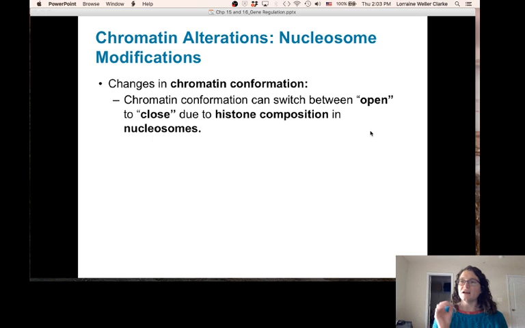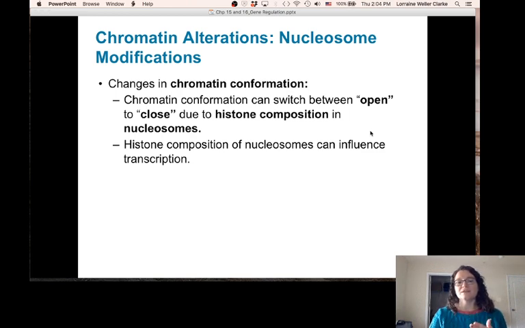So you can often switch between the open and closed due to this histone composition. And again, the facultative heterochromatin does this all the time. Consider the facultative heterochromatin as sort of the ones that we have to induce to be ready through changes in chromatin because we don't use these as often. Okay.